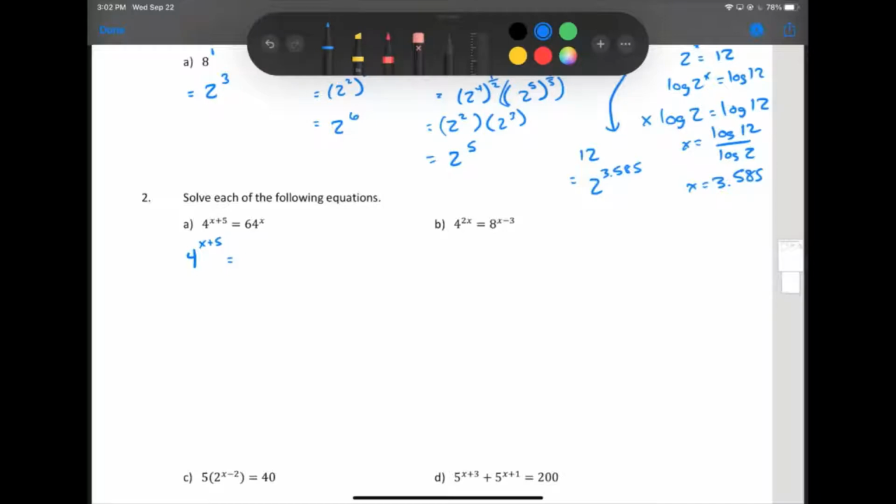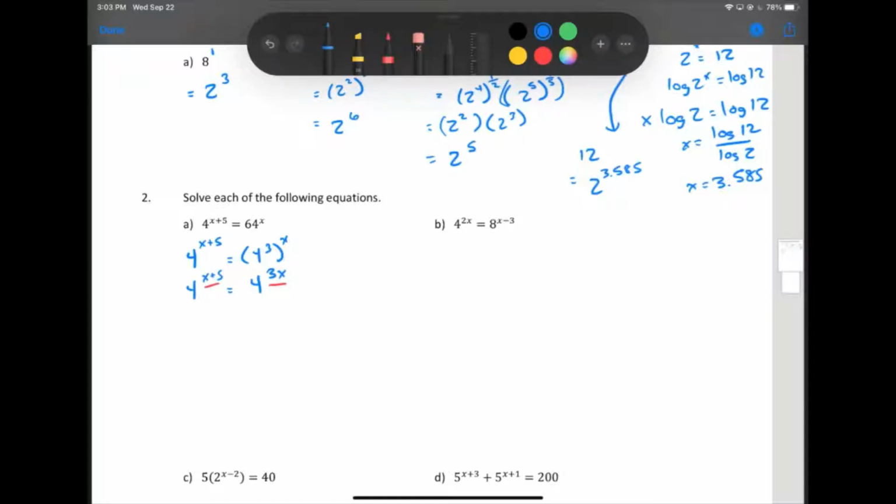And on this side, I'm going to say 64 is equal to 4 times 4 times 4, or 4 cubed, to the exponent x. So 4 to the x plus 5 equals 4 to the 3x. Now that I've gotten that far, I can see that both sides have the same base, which means they should have the same exponent.